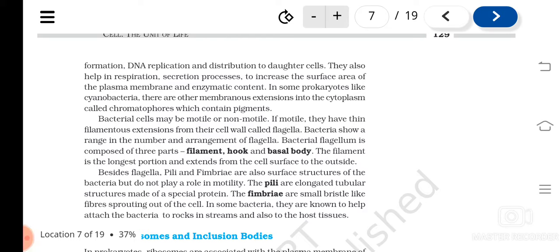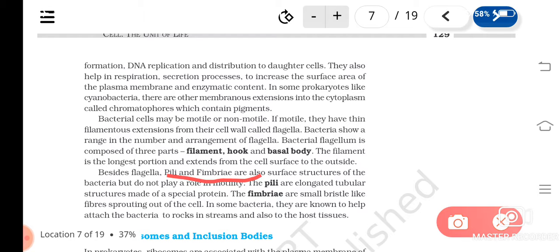Now in addition to flagella, bacteria have some other extensions also, like pili and fimbriae. What are they? Pili are long, elongated tubular structures, and fimbriae are smaller, bristle-like fibers.